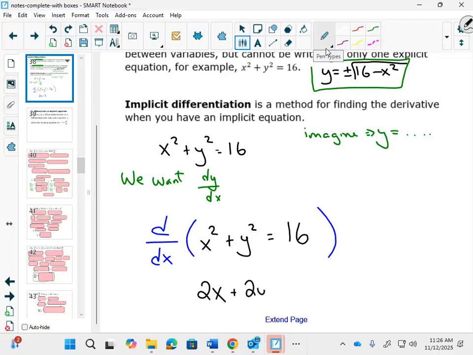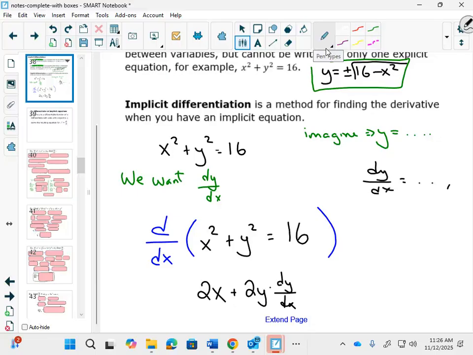You would keep the inside the same, multiplied by the derivative of the inside. Now, if you could get y by itself, and you took the derivative, you would get dy dx. Who knows what it equals?